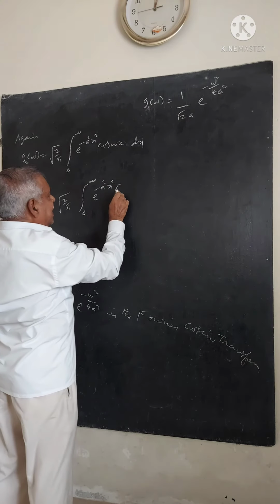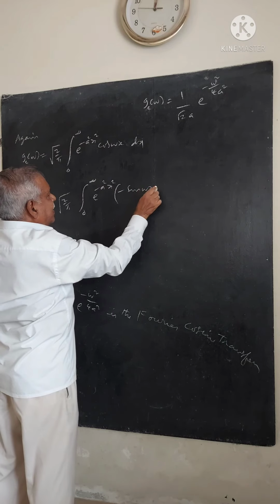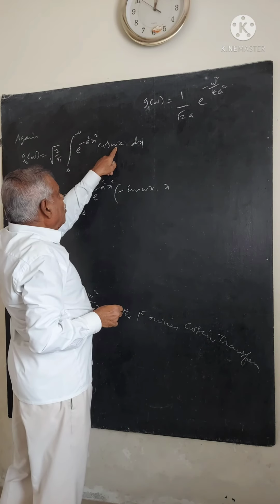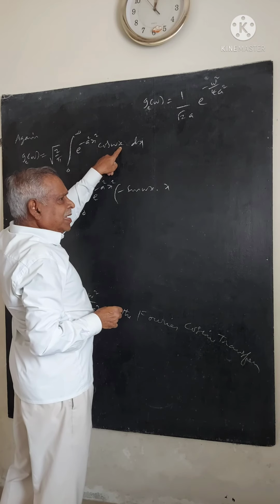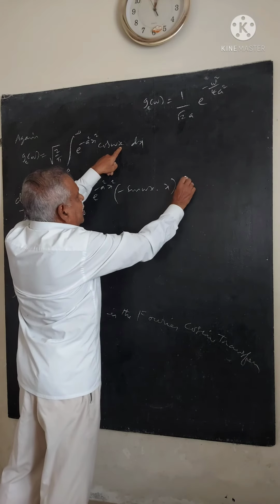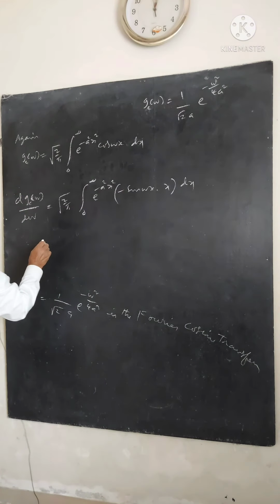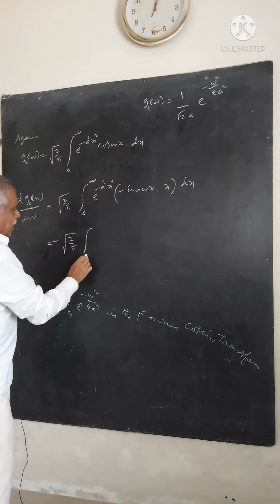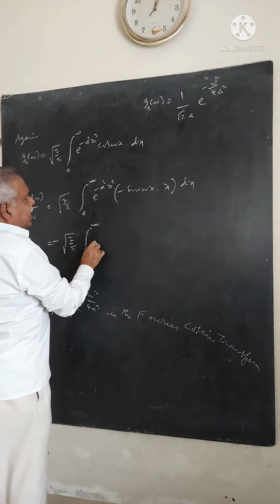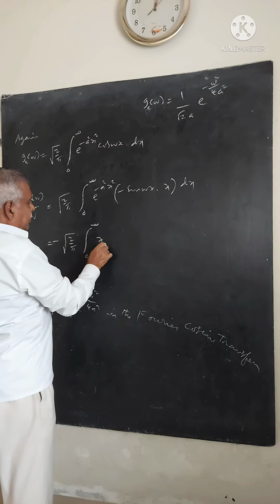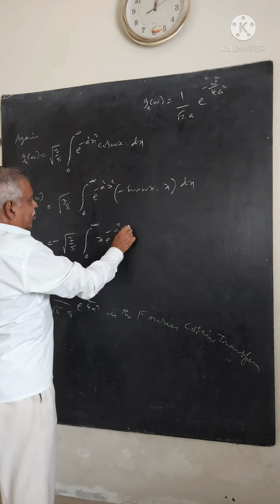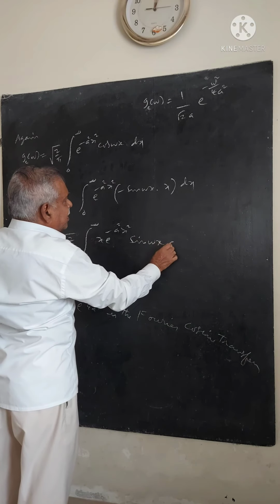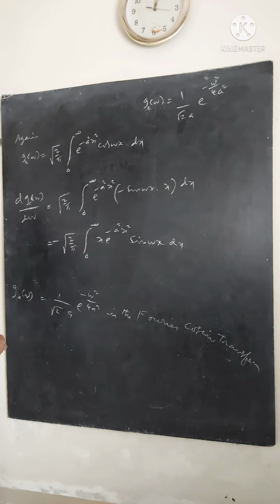Differentiation of cos is minus sin omega x into x. We are differentiating with respect to omega only, treating x as constant, therefore into x into dx. Negative comes out: root of 2 by pi, 0 to infinity x e power minus a square x square sin omega x dx.